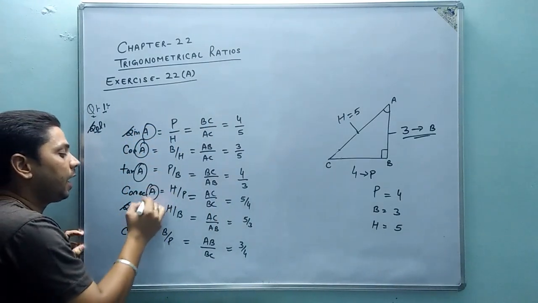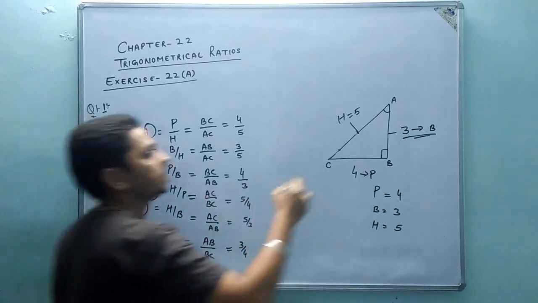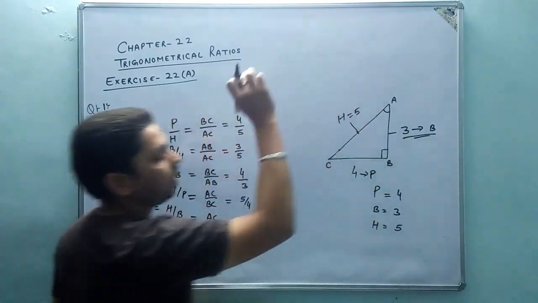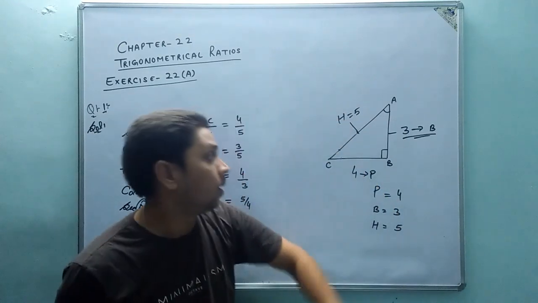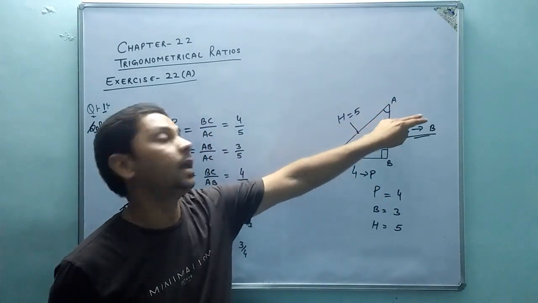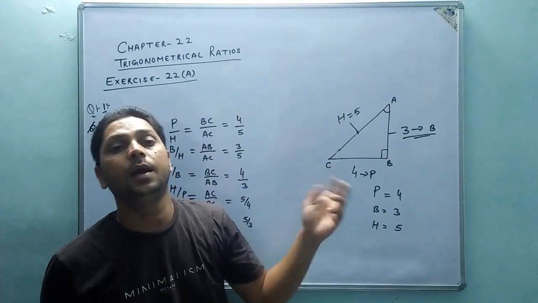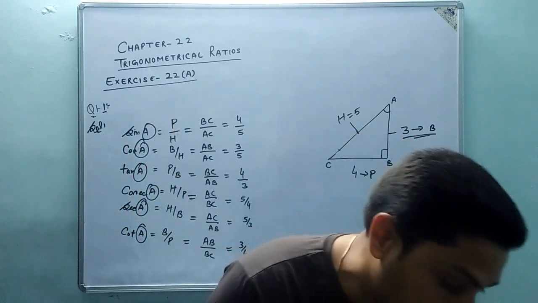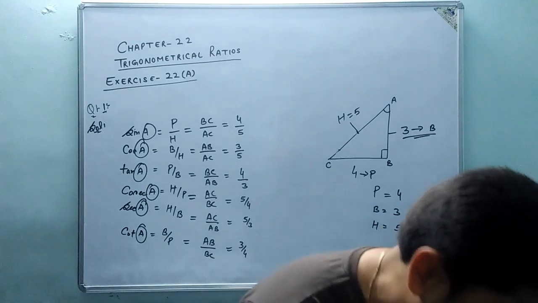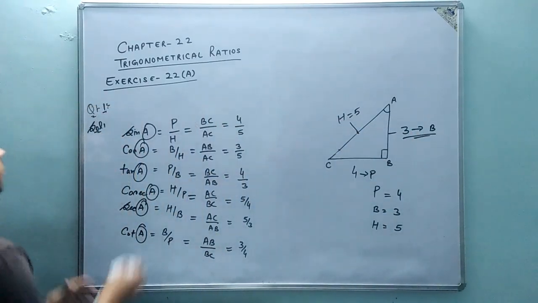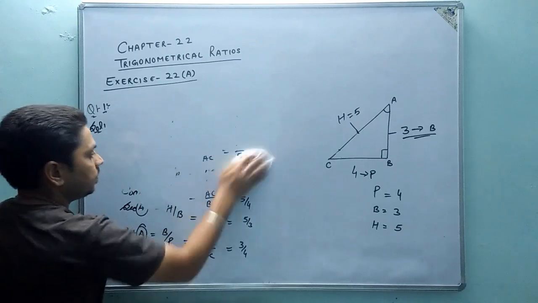Here we have angle A, that means the base angle. Now we have to take A here. After deciding the base angle, we will decide the perpendicular and base side. Now come to the second question, second question from your exercise.